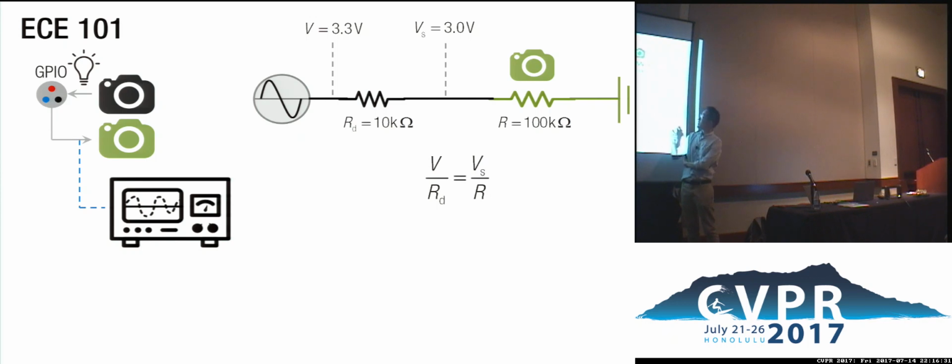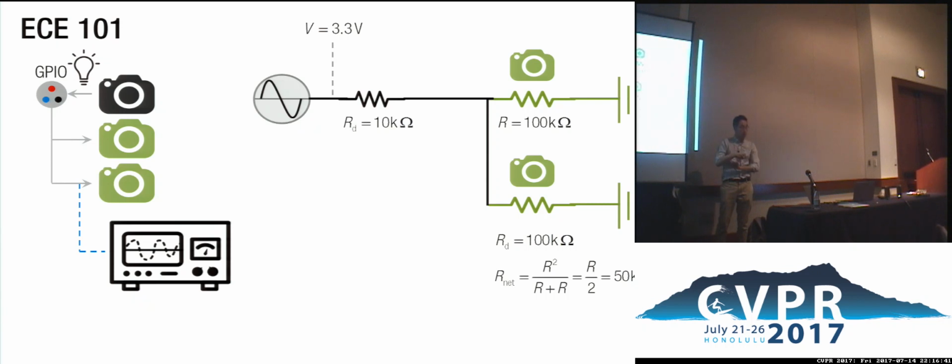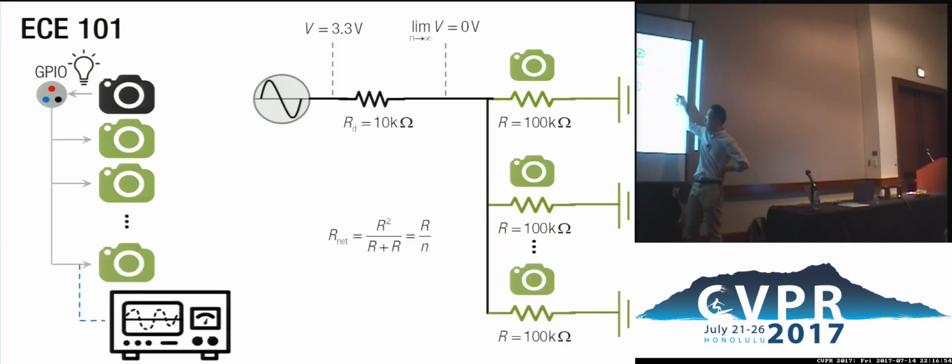Let's add more cameras. If I add one more camera, the net resistance goes down to half because of the parallel connection, and the voltage we can measure here drops to 2.7 volts. So if we keep adding more cameras, the voltage will drop to almost 0.